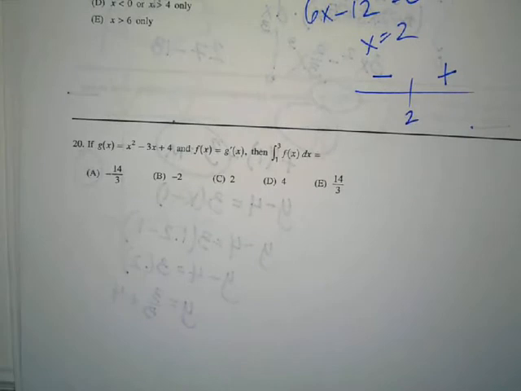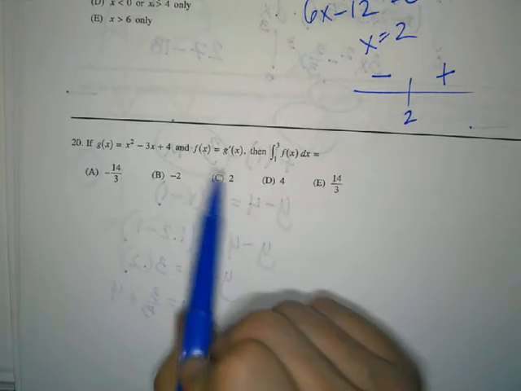Okay, for number 20, if g of x is that polynomial and f of x represents the derivative of that, then evaluate from 1 to 3 f of x. Wouldn't it just be g of x? Let me hold on, I just want to make sure that I'm not being tricky here.